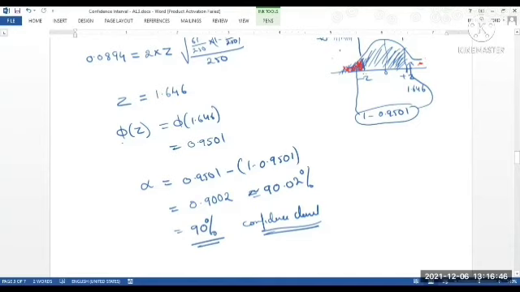So the total area, if you subtract the red region, we get the confidence level, which is your alpha percentage. Hope you have received this concept. Whenever you get this type of question, try to use the graph, which will be easier than learning the formula which is used over here. Thank you.